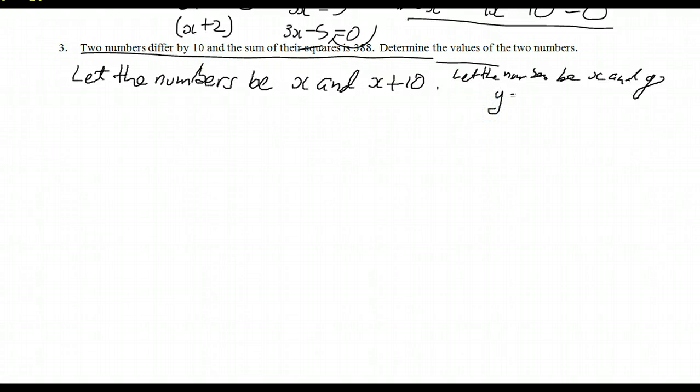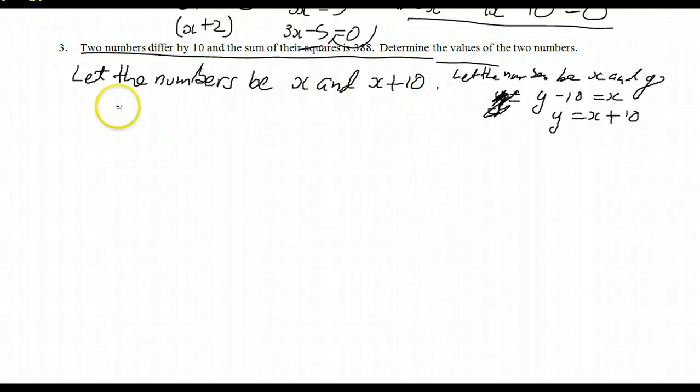And we could have said y minus 10 is equal to x, right? So they differ by 10. If I subtract 10 from y, I'm going to end up with x. So y is equal to x plus 10, right? And that's a way to get our two numbers, and I've just expressed them as x and x plus 10.